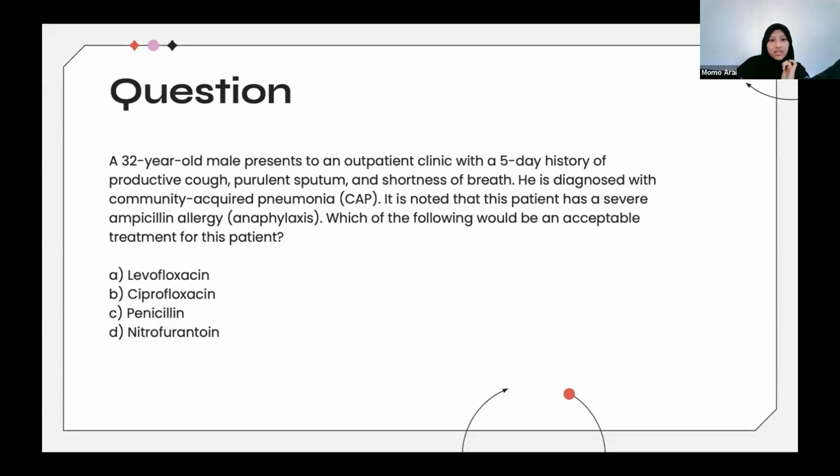Okay, B doesn't cover pneumococcus. Good. Can you show the answer for this one? Good job. The answer is A. Levofloxacin treats all organisms that cause pneumonia. Under fluoroquinolones, we have 2 different classes mainly, right? One of them covers, for example, respiratory infections like pneumonia.